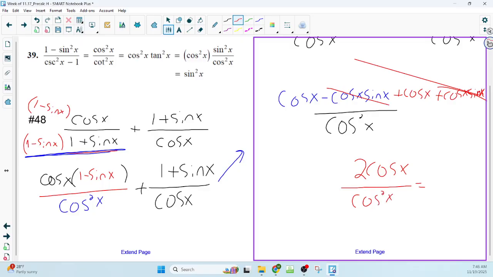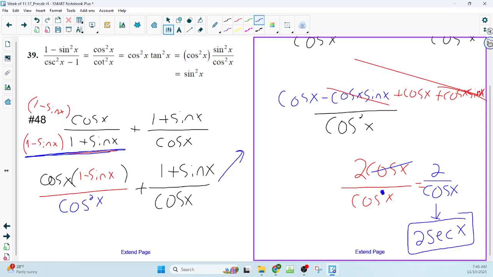They're going to want you to cancel out 1 cosine from the top and 1 cosine from the bottom. And you'll have 2 over cosine. And that's a fine answer, but most likely the answer is going to be 2 secant of x, because cosine's reciprocal is secant. Okay? Do you want me to go back over any of those steps?